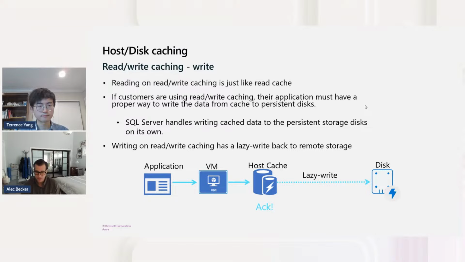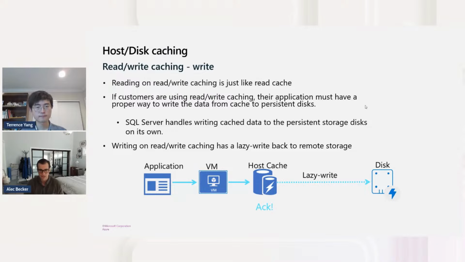However, the con of this is that since it's a lazy write to the persistent disk in the background, if there's any interruption between the host cache writing to the disk, such as the VM rebooting, an application crash, or something bad happening, that data doesn't exactly get persisted to the disk.